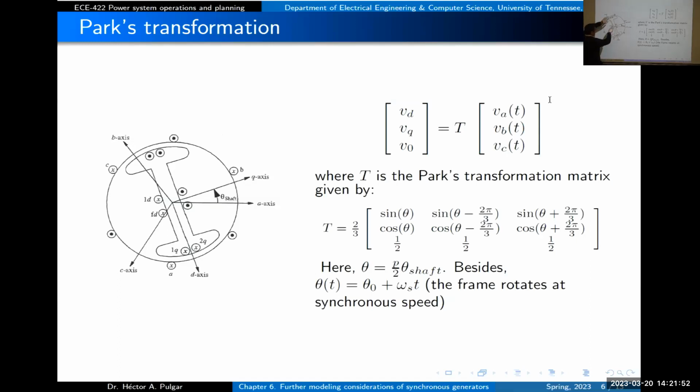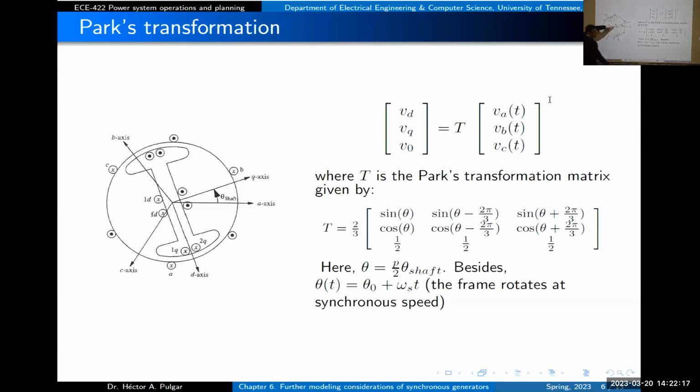These are vectors. So if you have a flux going in phase A, how much is that flux projected over the D axis? When this angle is theta, it's going to be nothing else than the flux multiplied by sine of that angle. And that's going to be the projection over the D axis.